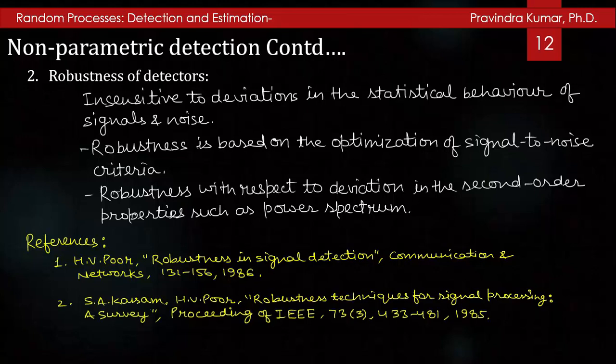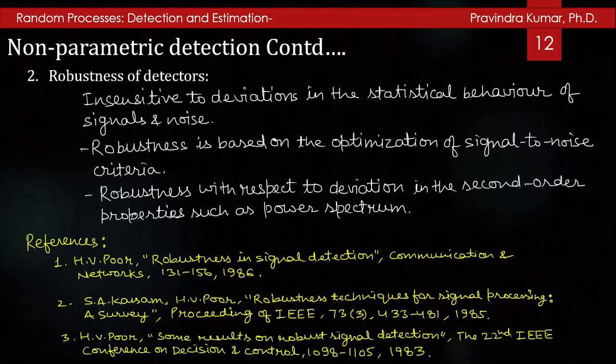Another reference is S. A. Kassam and H. V. Poor, robust techniques for signal processing: a survey, IEEE Proceedings, 1985. The third reference is H. V. Poor, some results on robust signal detection, 22nd IEEE Conference on Decision and Control, pages 1098 to 1105, 1983.